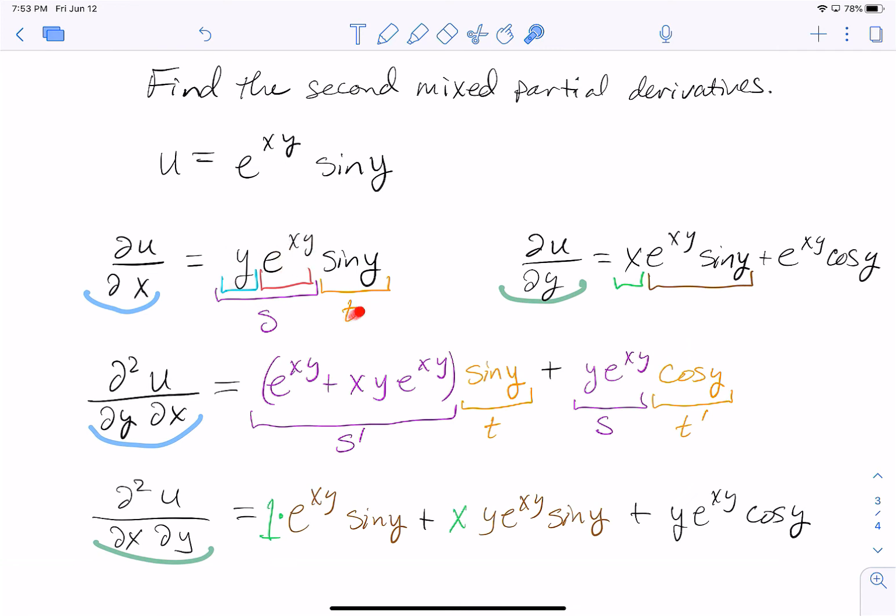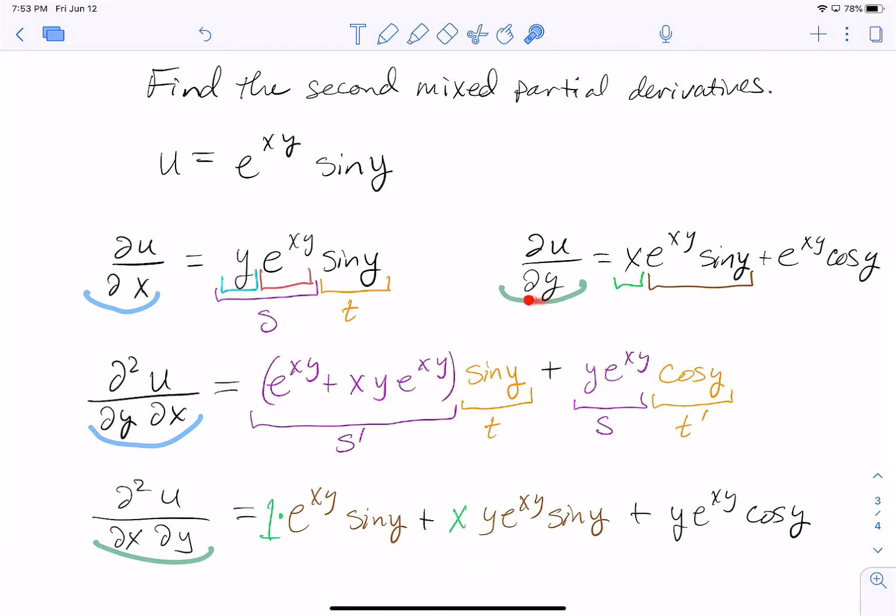But then for st, we're looking at u prime v plus uv prime. We end up with the second partial of u, first with respect to x, then with respect to y, is going to be e to the xy plus xy e to the xy, all that times the sine of y, plus y e to the xy times the cosine of y.